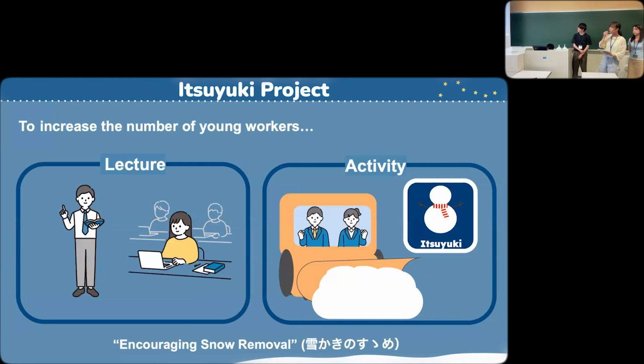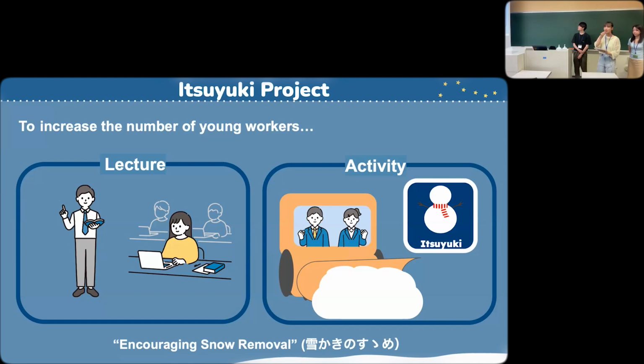By the way, in order to make our project a success, it is most important to increase the number of young workers who register for our service. So what we propose now is to offer university students a class called Encouraging Snow Removal.